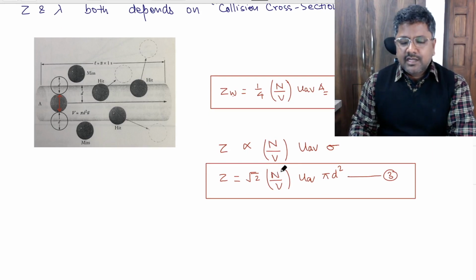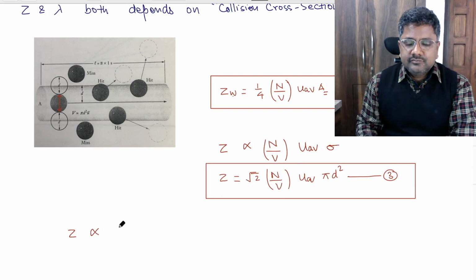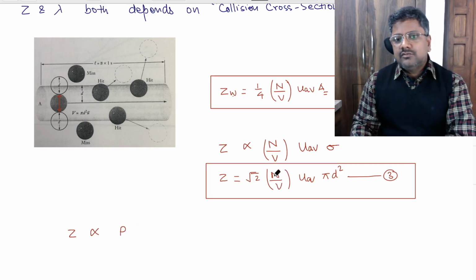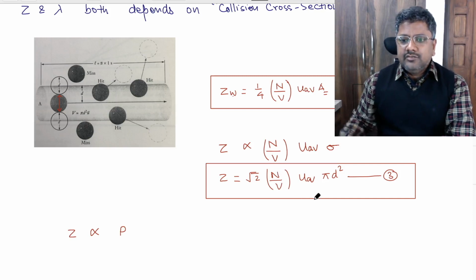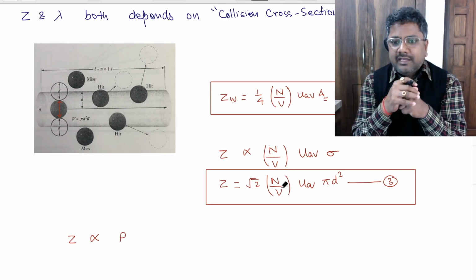Now you can write that this molecular collision Z, at a given temperature, is directly proportional to pressure P, because you know this N by V is called number density, and number density is equal to P into Na by RT.